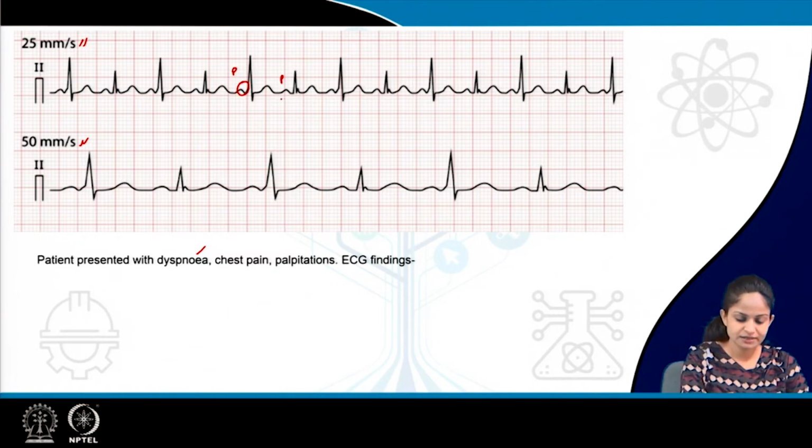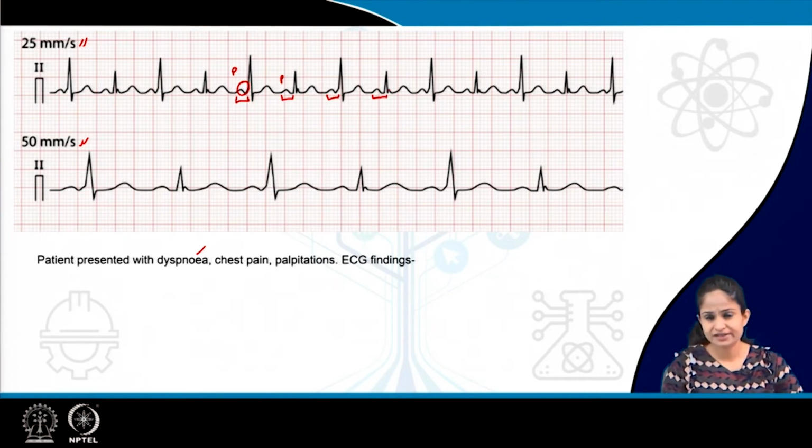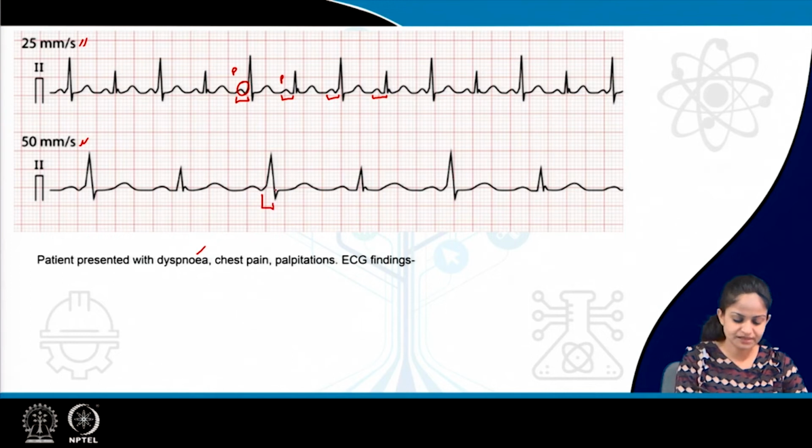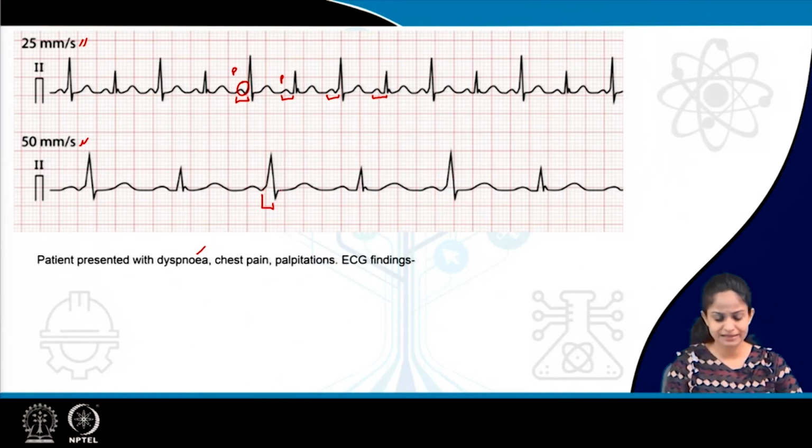We can see the PR interval is very shortened. For the QRS complex, here we have 1, 2, 3, 4, around 4 boxes. Ideally, it should be 2.5 boxes. So, 4 boxes of QRS complex gives more than 0.16 seconds.